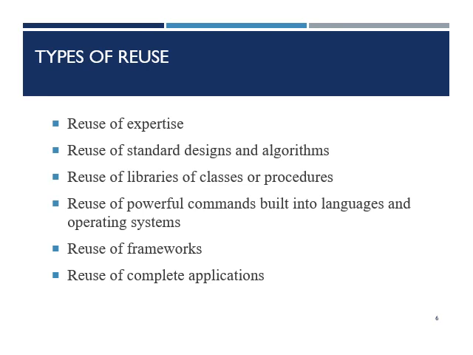The second thing is reuse of standards and designs, standard designs and algorithms. There are many various work standards, documents, and articles that can be reused and already exist in many existing systems. The third thing is reuse of libraries of classes or procedures.